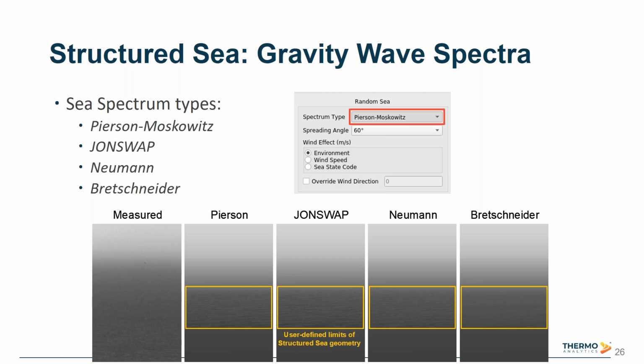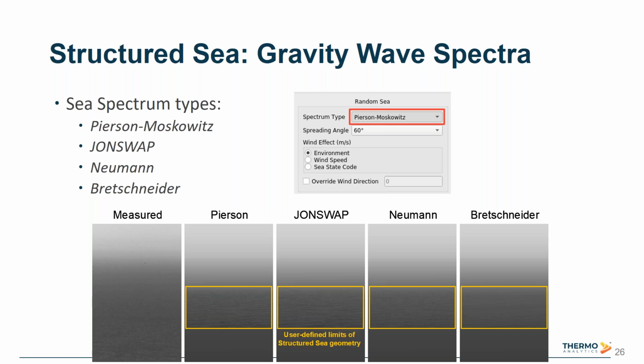Here are some examples of the different spectrum types when rendered. The Pierson-Moskowitz is an empirical relationship that defines energy distribution with frequency within the open ocean. It's a simple description that assumes equilibrium if a steady wind is present for a long time. The JONSWAP, or the Joint North Sea Wave Project, is essentially a fetch limited version of Pierson-Moskowitz, but it's not fully developed.